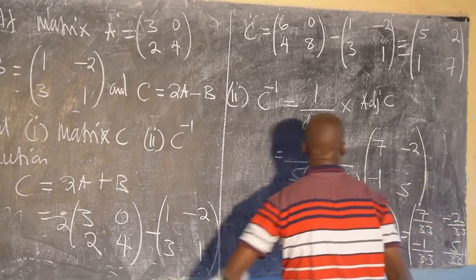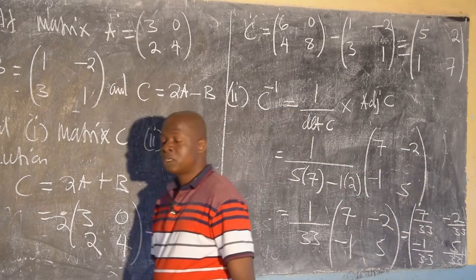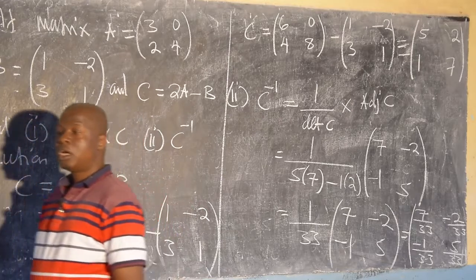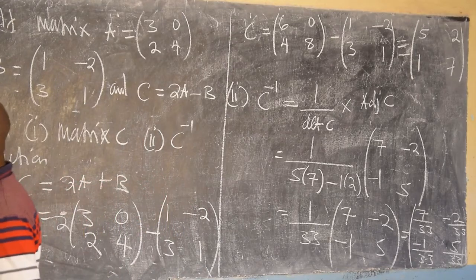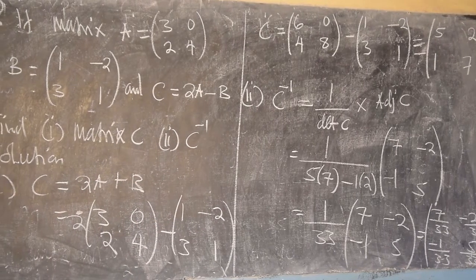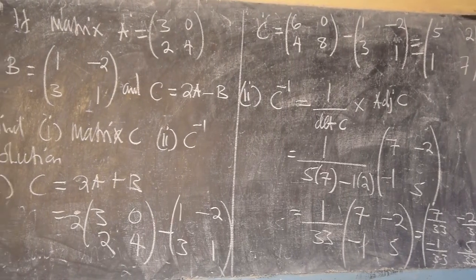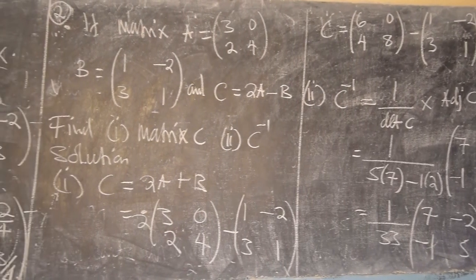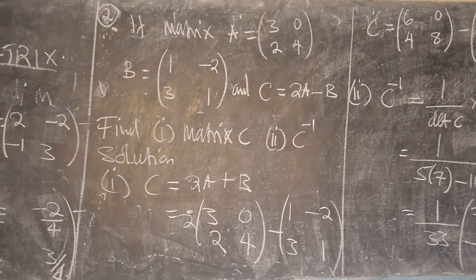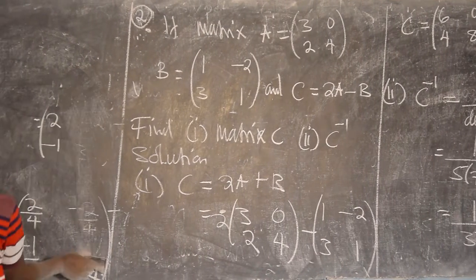So, with those examples, allow me to give another activity that is under inverse of a 2 by 2 matrix.